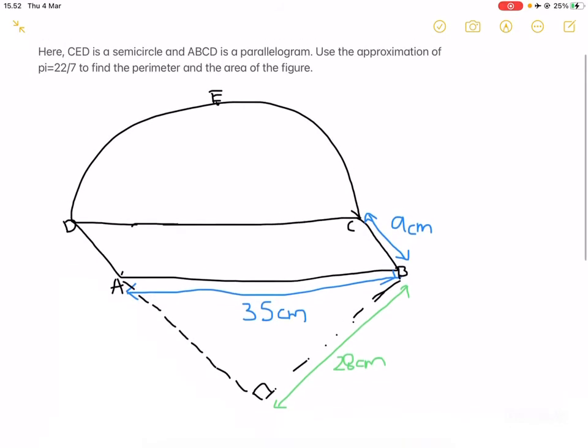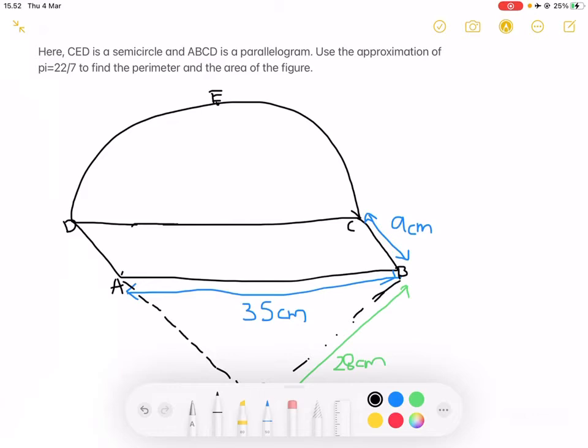Notice that the perimeter here is just the sum of all sides that make up the figure. So we know two sides already, which is 35 centimeters and 9 centimeters. And by knowing that a parallelogram has two pairs of equal sides, that means this is also 9 centimeters.